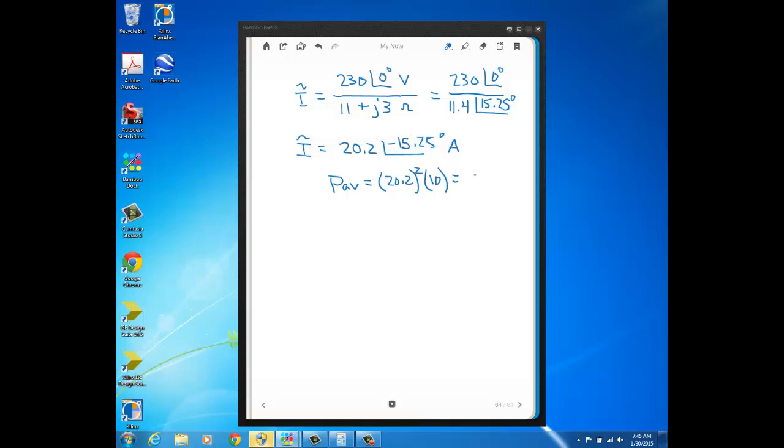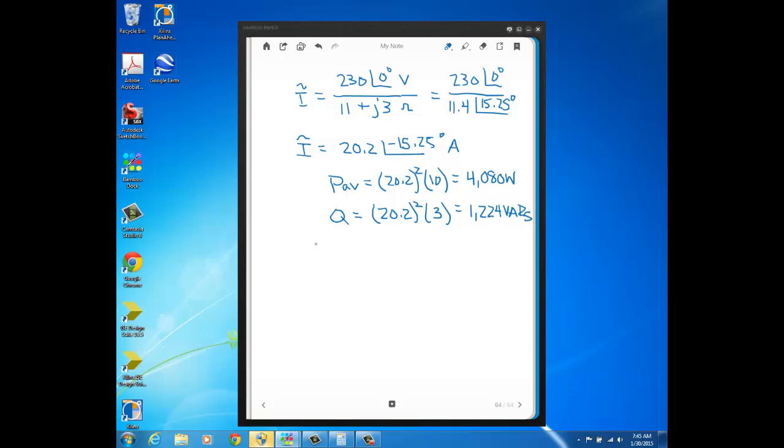And if you do those numbers, it comes out to a P average of 4,080 watts. And then Q is going to be the same current squared times the reactance, which is 3. So that gives us a Q of 1,224, and the units of reactive power are VARs, like we've talked about.